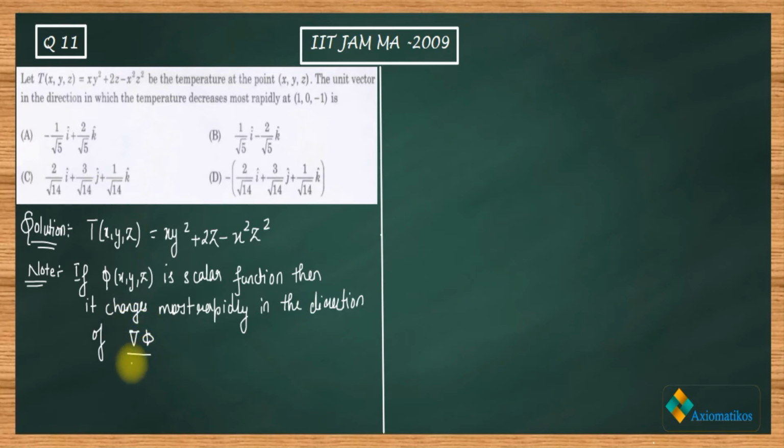Suppose you want a positive change, an increment, then you will consider this del phi. Otherwise, you will consider minus outside of it. Are you getting my point or not?